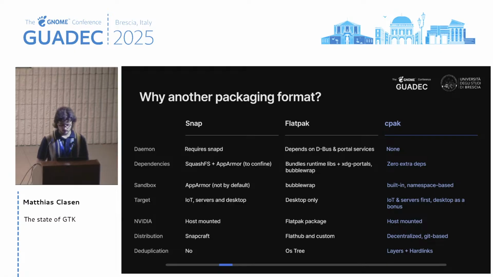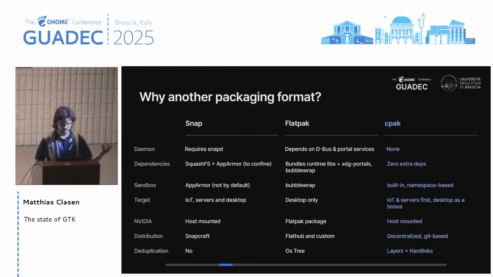About the distribution, Snap is not decentralized. We can only install Snap from the Snap Store. Flatpak is not decentralized, but we all install Flatpak from Flathub. I can't think of a new repository.